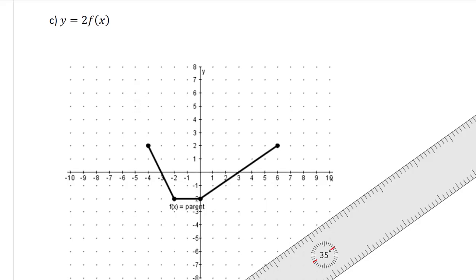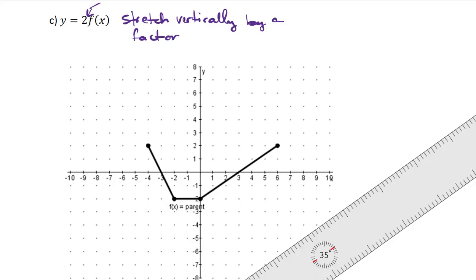For letter C, y is defined as 2 times f of x. This 2 means that there's a stretch of 2 units vertically. So we say it's a stretch of 2 units by a factor of 2, which means that all the y values, all the y coordinates of the points on the parent function are being multiplied by the constant 2.